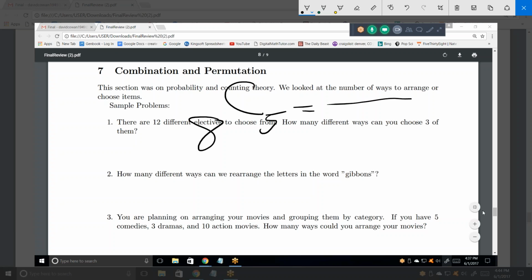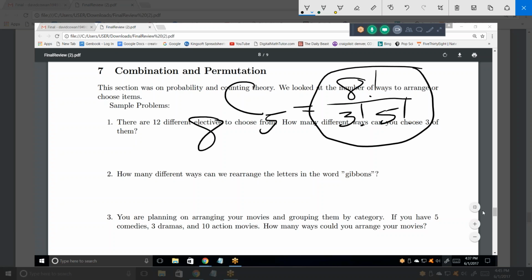Numerator is always the n. So that's always where you start. What's the denominator? 8 minus 5, so 3 factorial times 5 factorial. Correct. Now, let's simplify that.